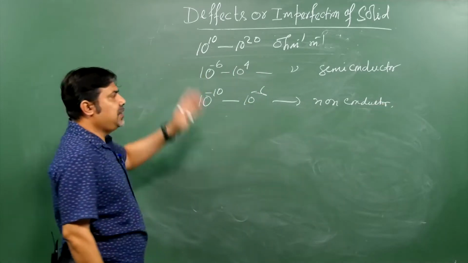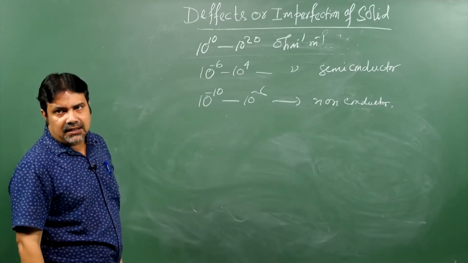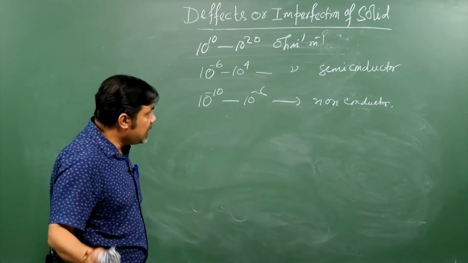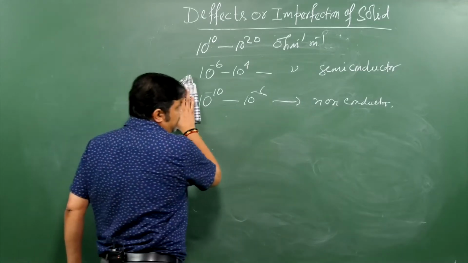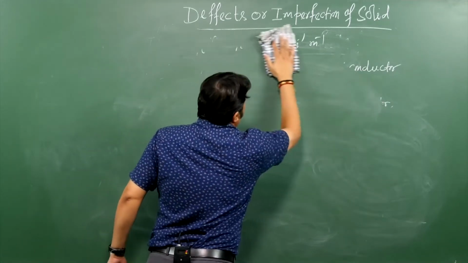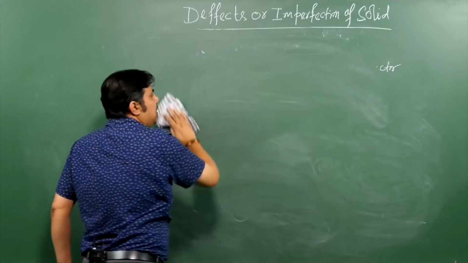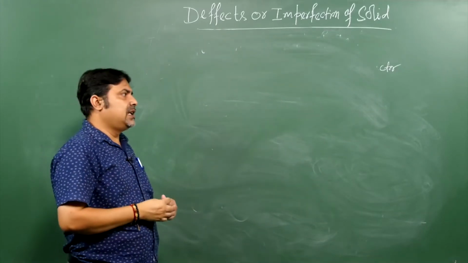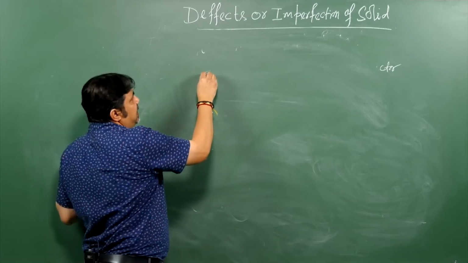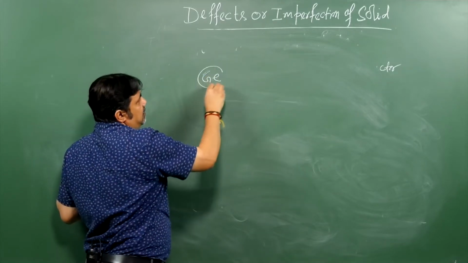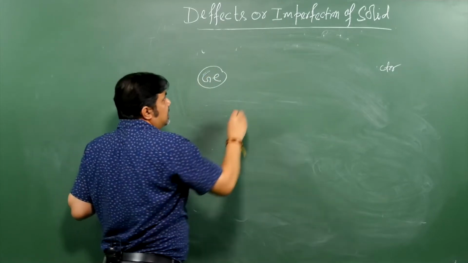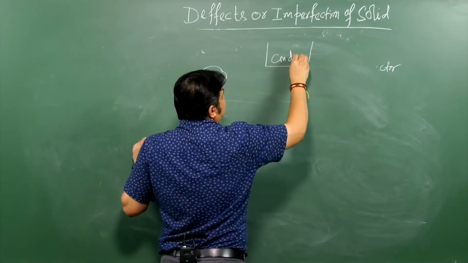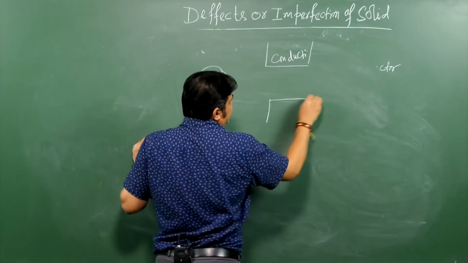So these are the categories there, depending on the conductivity value. Now in case of a semiconductor, already you will study in detail in physics, there are different types of semiconductor material. Germanium and silicon are very fine semiconductor materials. For a non-conducting material, this is a conduction band and this is a valence band.